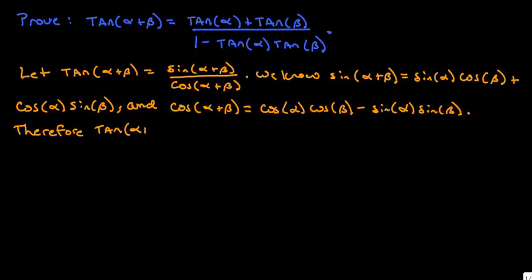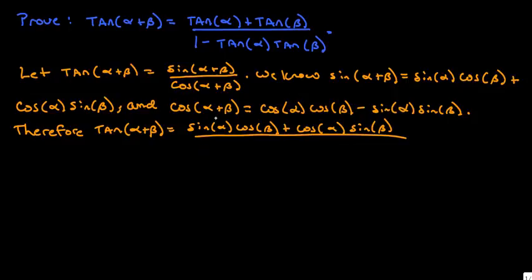Tangent of alpha plus beta is equal to the sine of alpha plus beta, which is sine alpha cosine beta plus cosine alpha sine beta, divided by cosine alpha plus beta, which is cosine alpha cosine beta minus cosine alpha, minus sine alpha. Just like that.